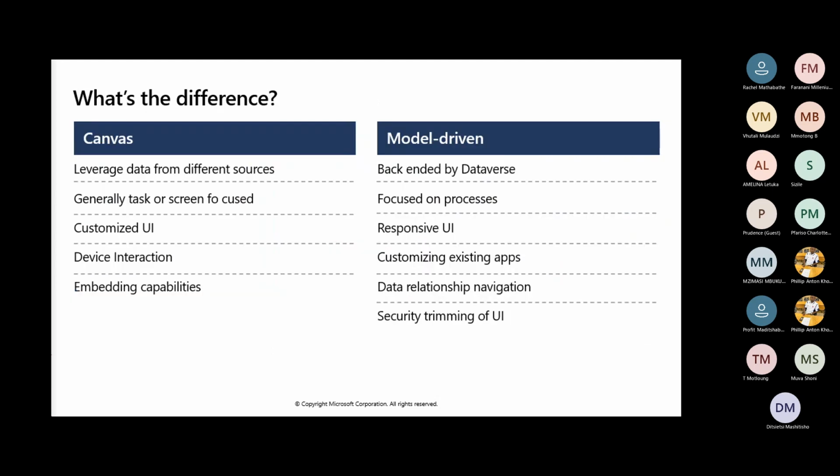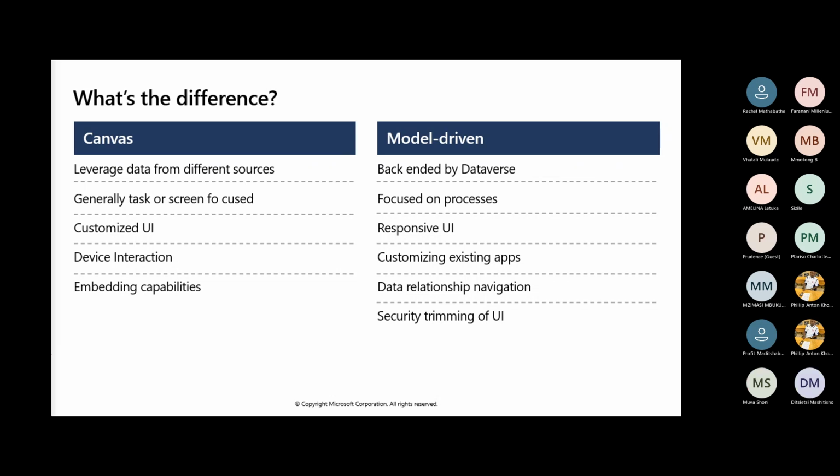Okay, so let's look at the difference, right? Canvas app leverages data from different sources, and a model-driven app only has a back end, which is Dataverse. So with model-driven app, it's very, very important to know that the data that you are leveraging is from Dataverse.